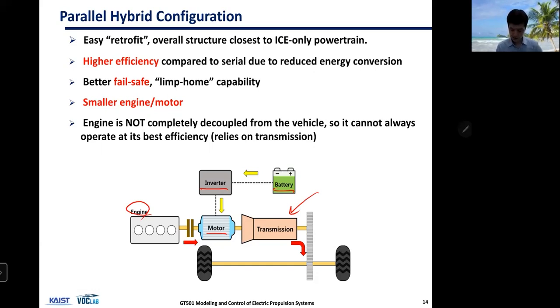And if you need more power, then the motor and battery can provide extra power. If you have excess power from the engine, the motor and the battery can take some of that power away. Okay.